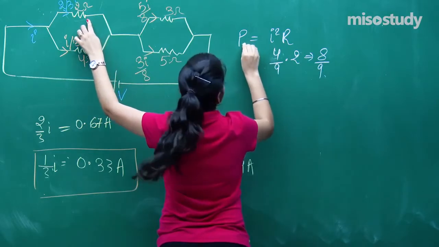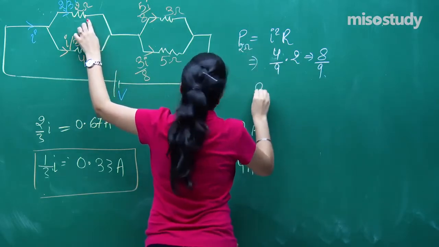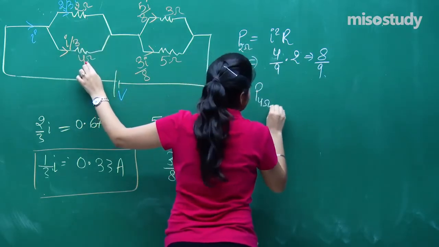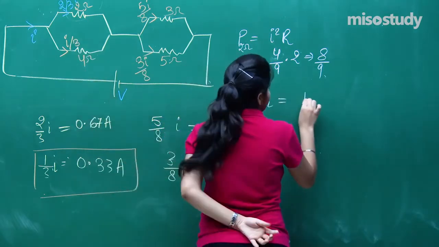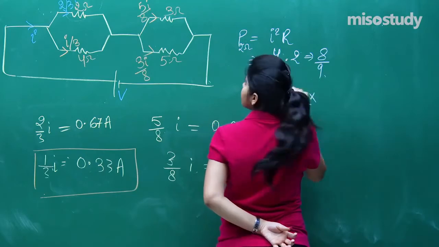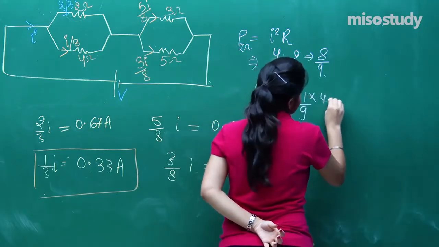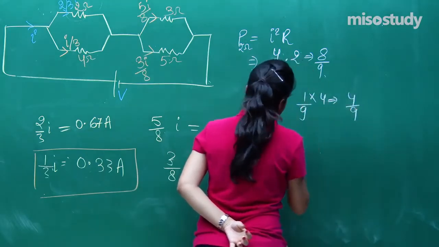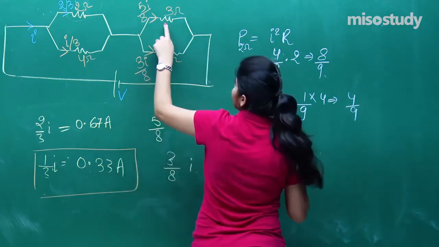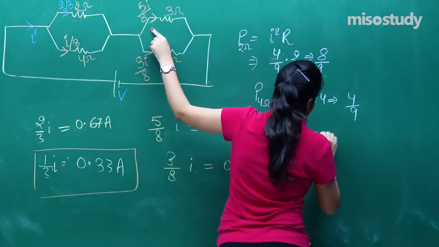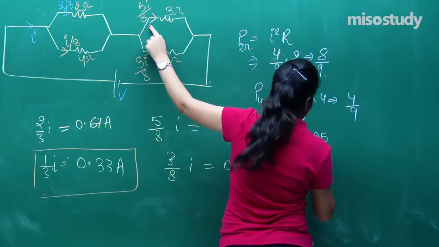This will be across 2 ohm resistance. Now power across 4 ohm resistance, that will be 1 by 9 into 4, that is 4 by 9.